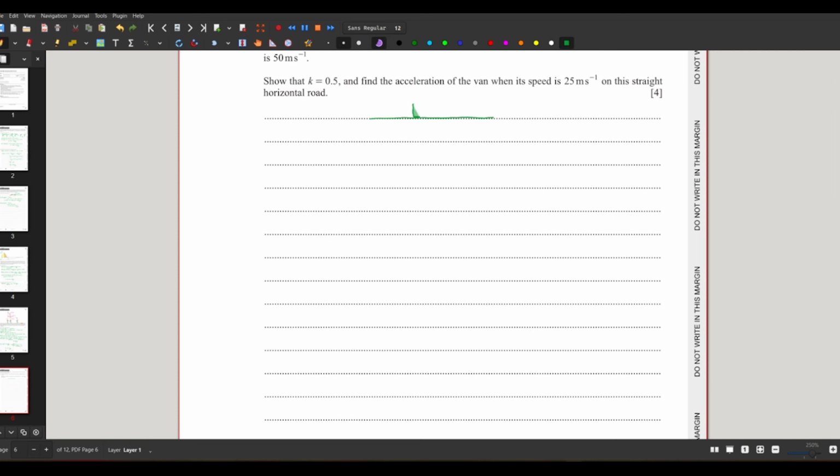We have this van moving with velocity v, and we have this resistive force of kV squared Newton. That's it.